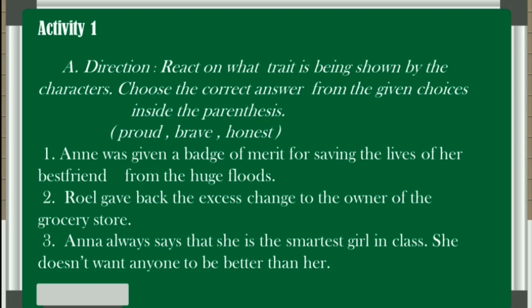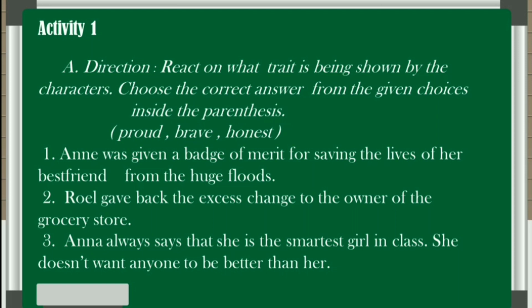Is Anne proud? Is she brave? Or is she honest? Number 2. Rowell gave back the excess change to the owner of the grocery store. When someone gives back the excess change, we can consider that Rowell is he proud? Is he brave? Or is he honest?